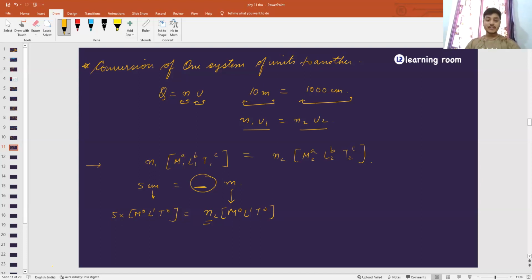So if I want to write N2, can I write N2 as 5 into M1 by M2 to the power 0, L1 by L2 to the power 1, T1 by T2 to the power 0. Agree everyone? Yes or no?